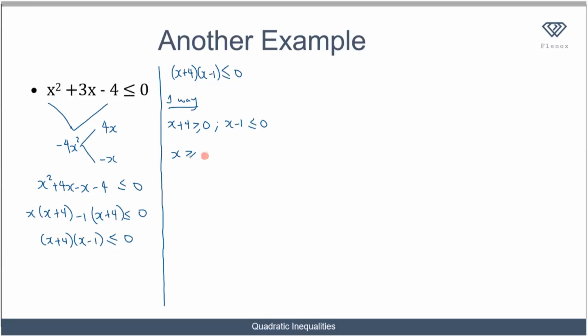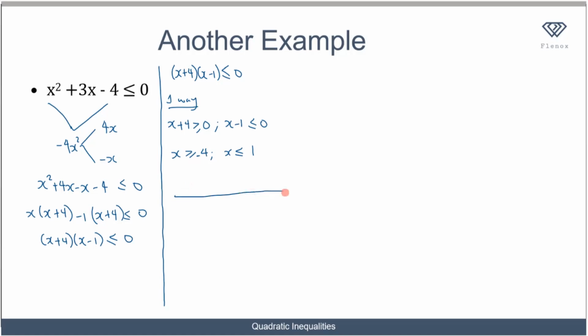When we do this, we have x is greater than or equals to minus 4, and x is less than or equals to 1. So what values of x can satisfy these two? x is greater than minus 4 while it is less than 1.